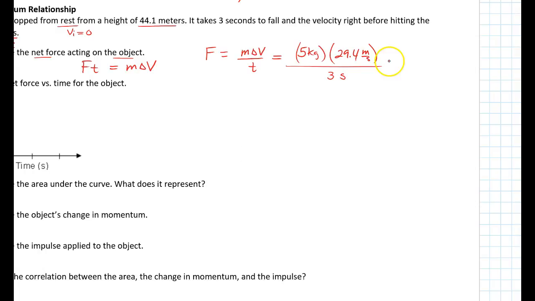The units look pretty messy, but if you recall that a force comes out to be a Newton, you should be okay. So 5 times 29.4 divided by 3 gives you 49 newtons.